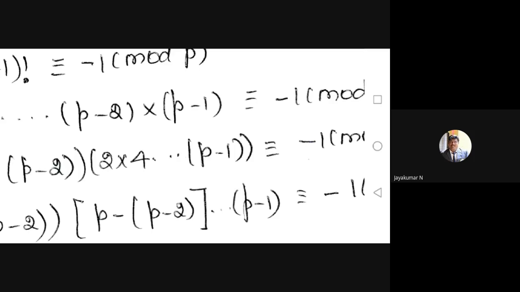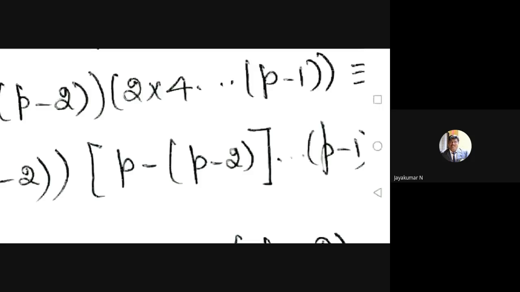You can simplify p minus of p minus 2: when the minus sign is taken inside the bracket, you get minus p, then minus into minus plus 2. So p cancels, and only 2 is remaining.